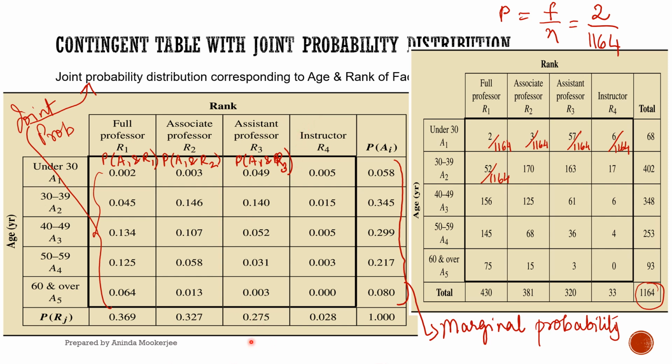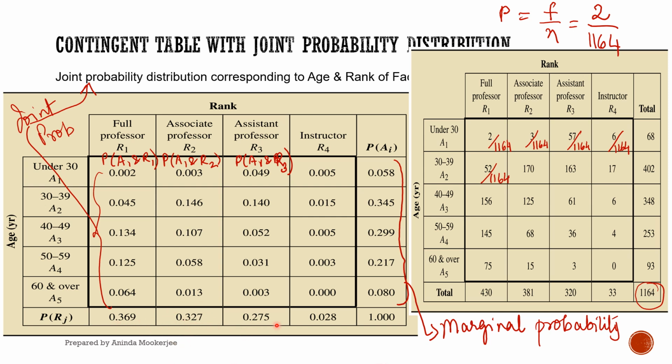What is the probability here? 0.275. What does this mean? 0.275 is the probability of finding an assistant professor, regardless of the professor's age. If somebody asks you what is the probability of selecting somebody who is an associate professor, 0.327.